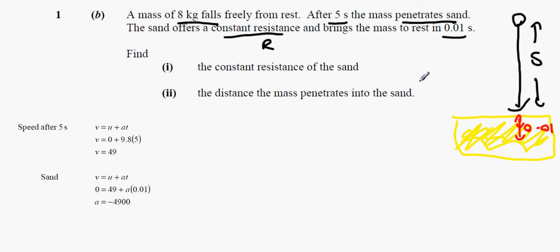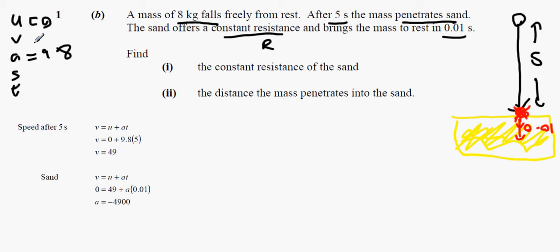So the first thing we have to realize is that we need to find out how hard, at what speed, it hits the sand. The first thing we can do is UVAST the system. Acceleration is working for us, so it's going to be 9.8. U is going to be 0, since it falls from rest.